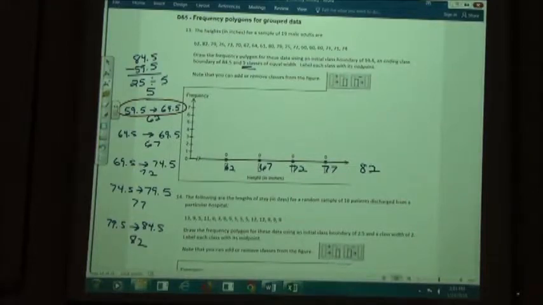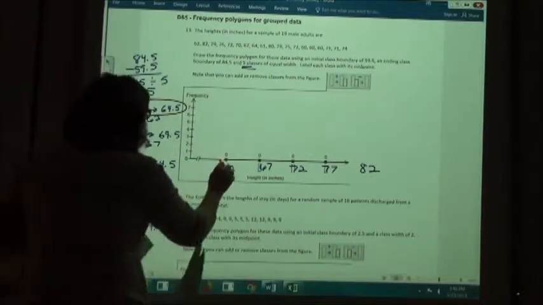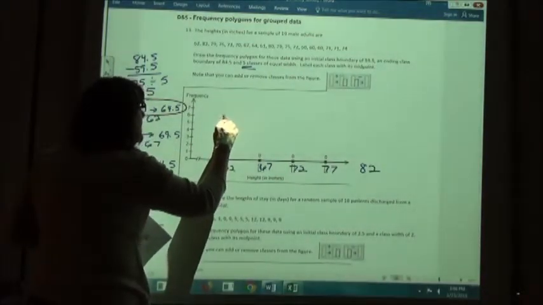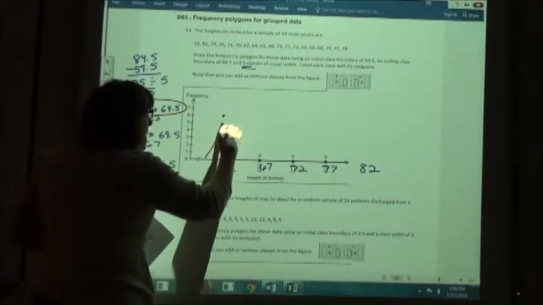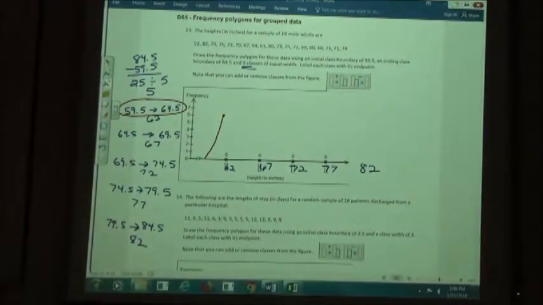Once our numbers are all in there, we're just counting. From here to here, I've got 1, 2, 3, 4, 5, 6 of them, right? So we're going to pull the point up to the 6, and a line comes up and connects to the 6.